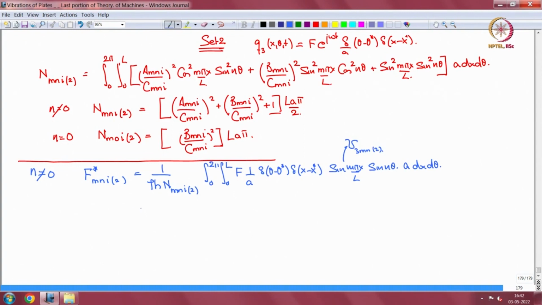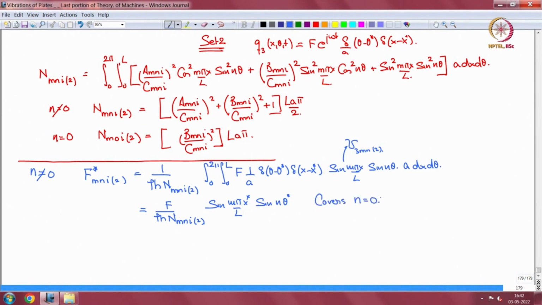Okay, so this now is equal to, these deltas work appropriately, I have f by rho h n m n i second into sin m pi x star by L sin n theta star, and this covers n equal to 0.